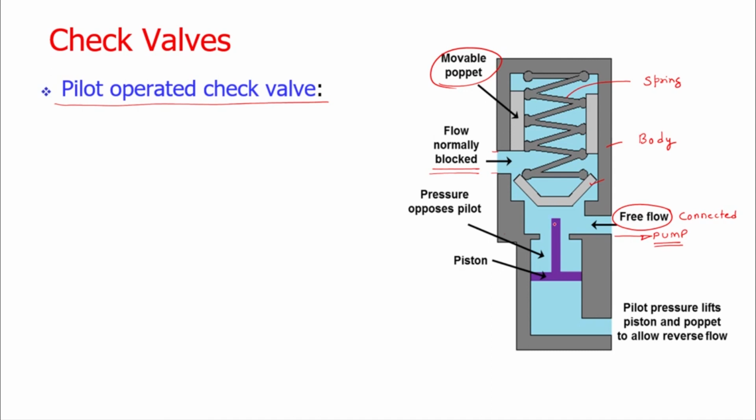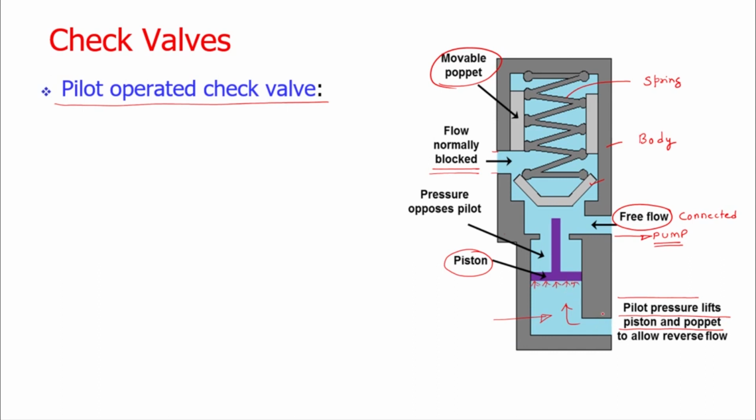These valves can be operated by the inline pressure itself, but we can have an external lifting arrangement by using a pilot pressure. So pilot pressure means we are making a certain arrangement here. This arrangement has a small piston, and this piston is operated by the external fluid pressure. So the fluid is applied at the side of the piston during the operation.